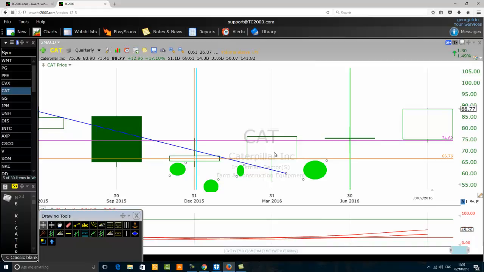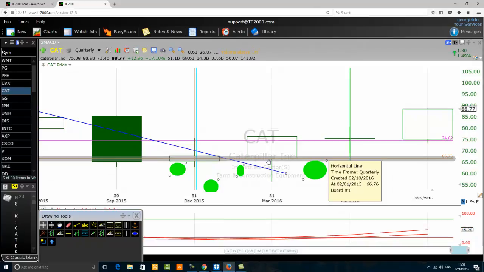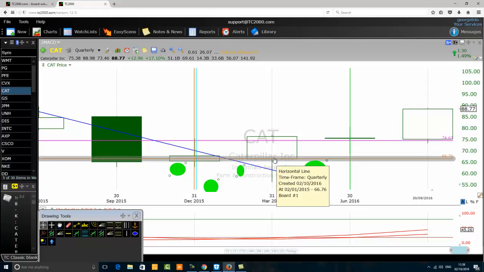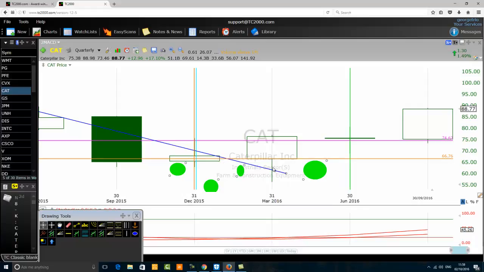So for this quarterly candlestick bar for Caterpillar, the orange line here is the median line of the first quarter candlestick bar. And as a swing trader, we want to make our swing trading decisions around those key levels.